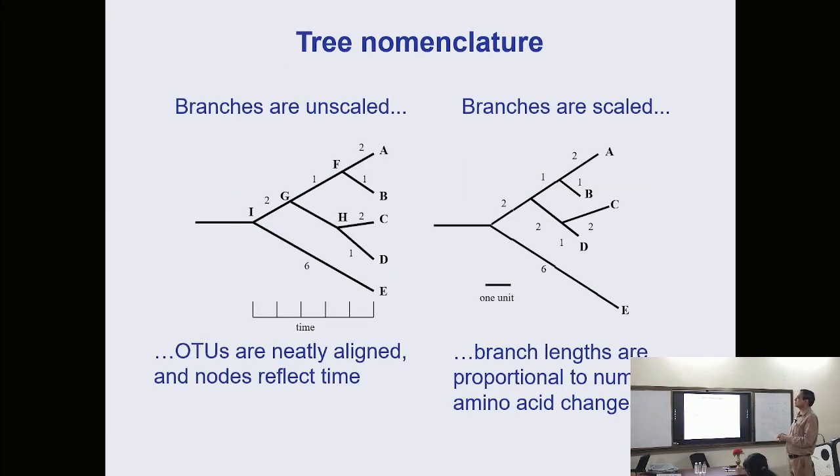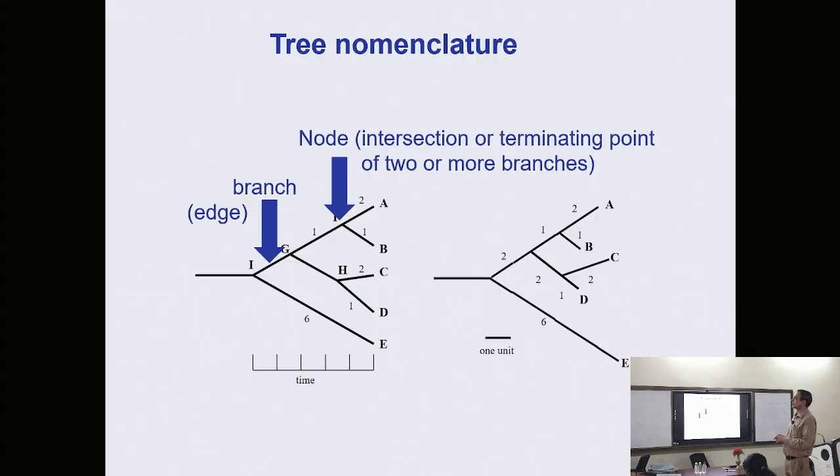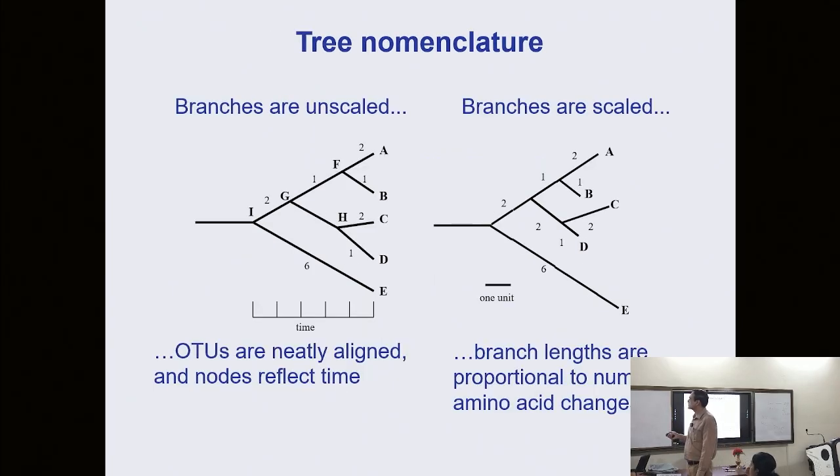Okay. So the branches can be unscaled. Unscaled means that the length of these edges from this ancestral node are the same. Okay, so which means that A and B have evolved with a constant, same rate from F. Okay.